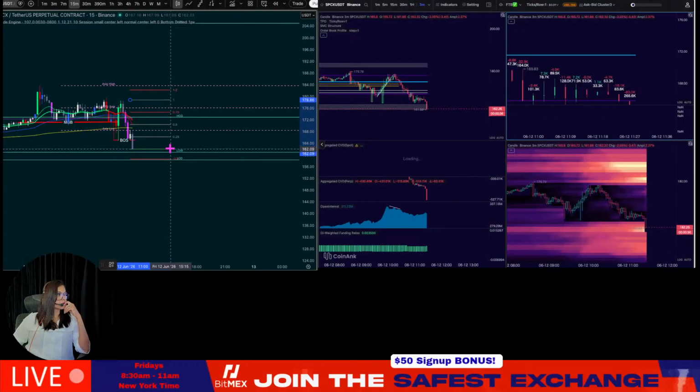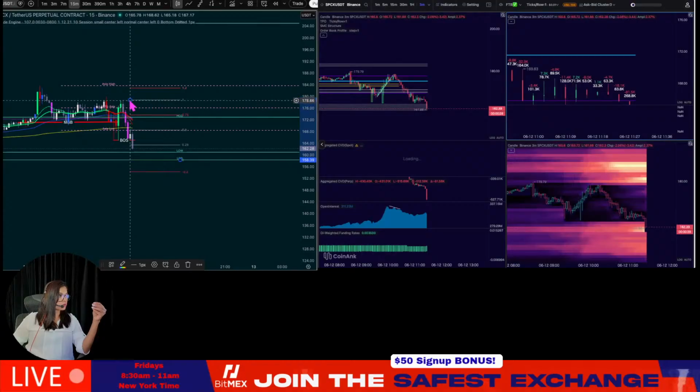Let's say it stops here, consolidates. Then I'll draw it from the high to the low, and I'll look for it to respect the 0.25. If it respects the 0.25, then I'll move my stop loss to break even or even further down in profit, depending on where it stops to consolidate.